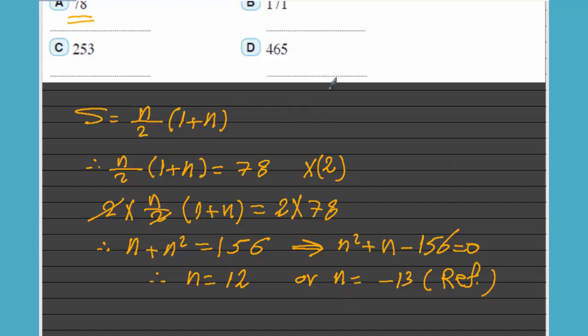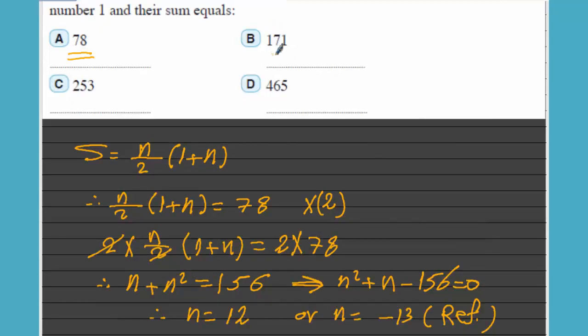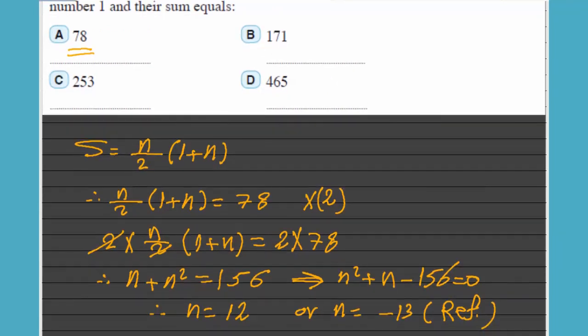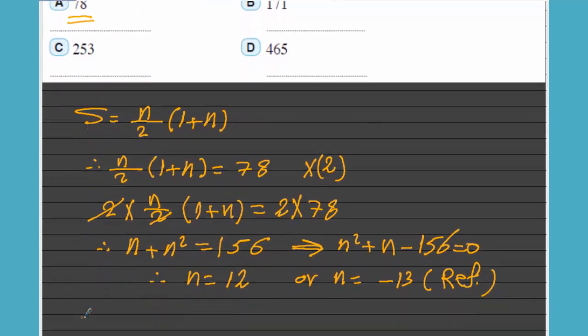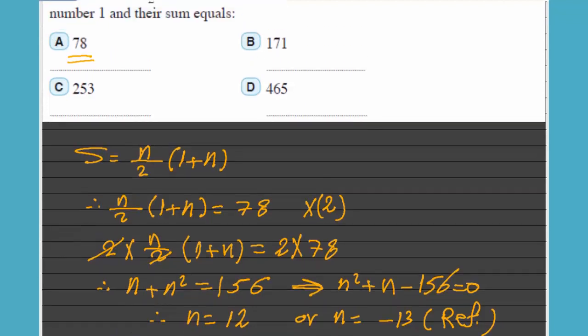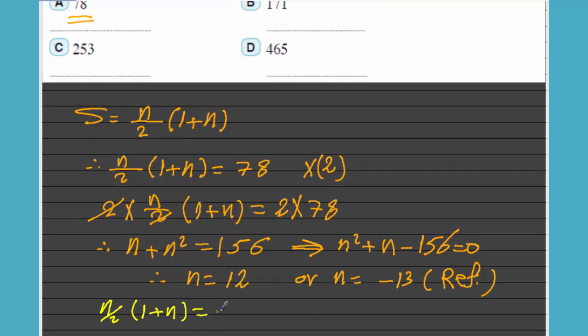Second, here it is the same, when the sum equals 171. I repeat the same steps. So we have n/2 × (1 + n) equals, what is the number? It is 171. So to get rid of the fraction, we will multiply by 2.